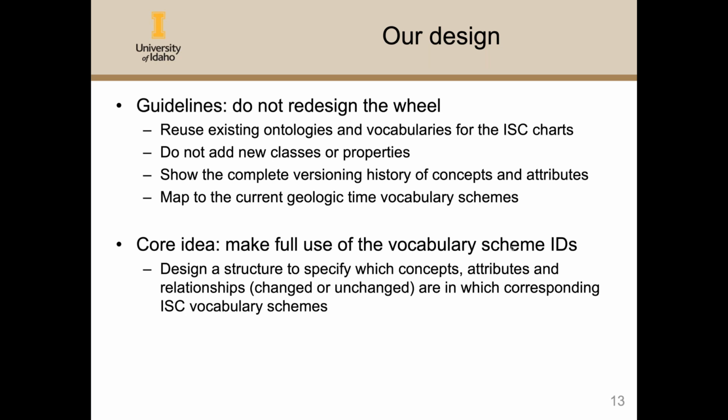Our core idea is to use the vocabulary scheme IDs, but we need a good structure to specify which concept, which attribute, and which relationships are in which vocabulary scheme. We need a structure to represent that.